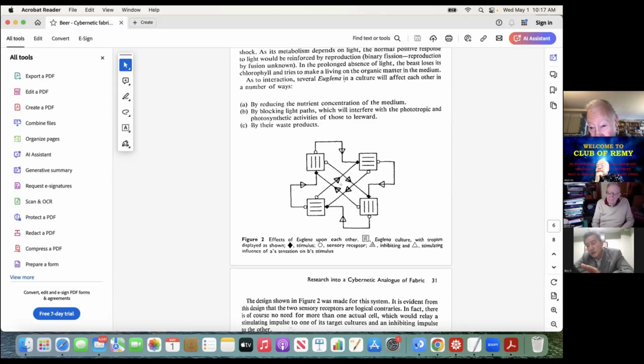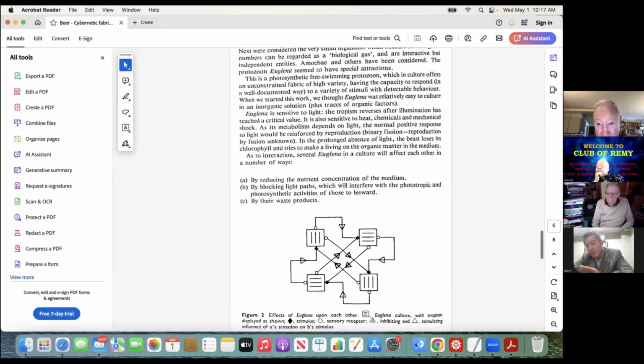He's talking about the fact that light and inhibition are related, and those are the themes that he's working with here. So it isn't a complete diagramming of the euglena and their interactions. But if someone wanted to make a more detailed diagram with more levels, this could be the header for it, the large scale picture.